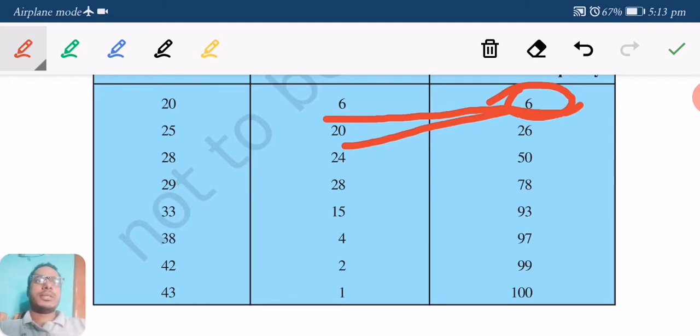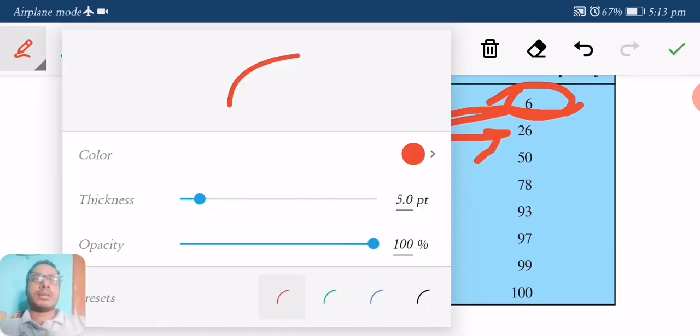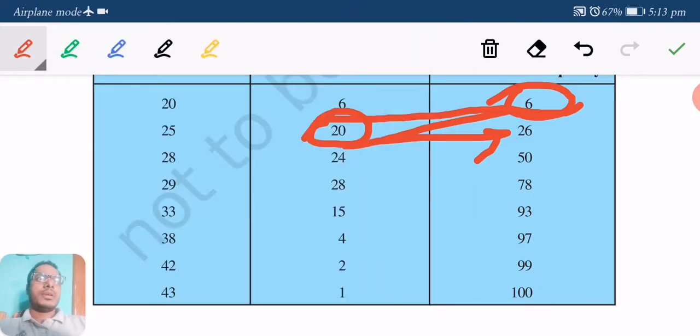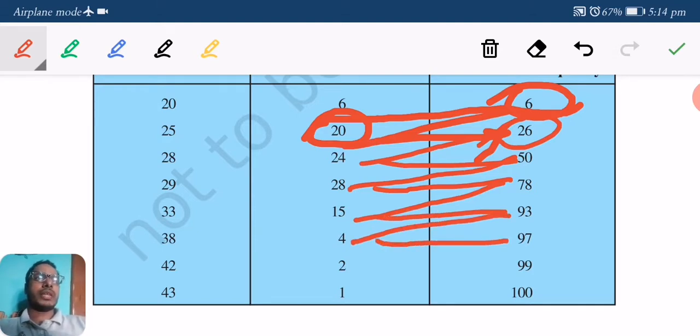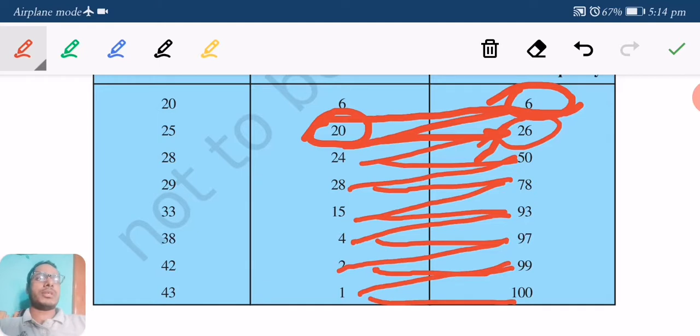That is 20, so 20 plus 6 will give you 26. Now 26 plus 24 will give you 50, right? And 50 plus 28 will give you 78. 78 plus 15 will give you 93. 93 plus 4 will give you 97. 97 plus 2 will give you 99. And 99 plus 1 will give you 100.